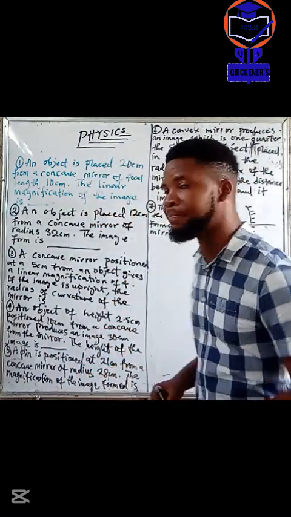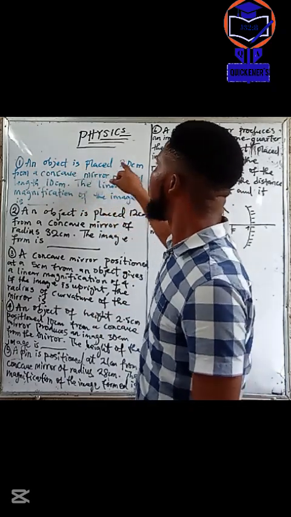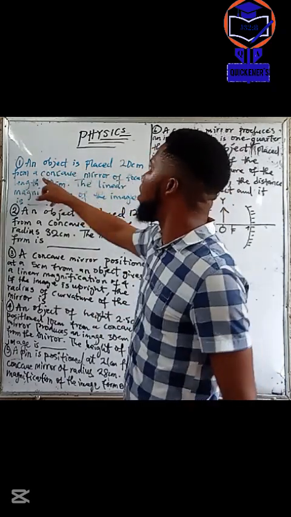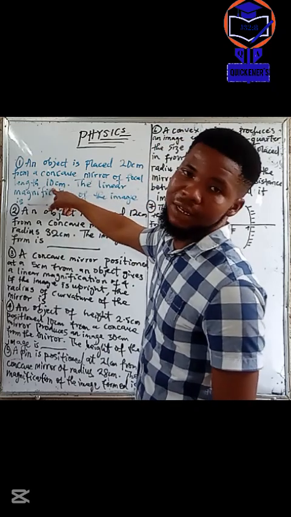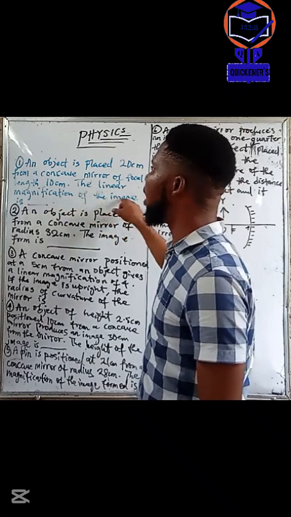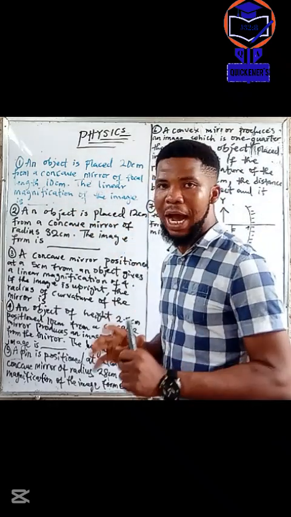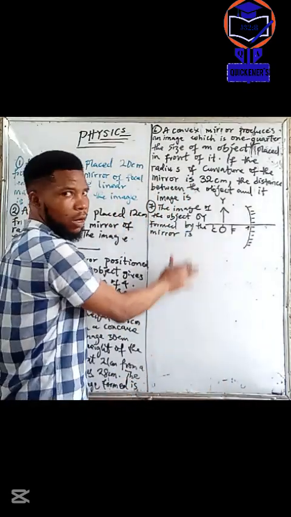The first one says, an object is placed 20 centimeters from a concave mirror of focal length 10 centimeters, right? The linear magnification of the object is, now we are looking for linear magnification, okay? So now let me use this page for solving the question.